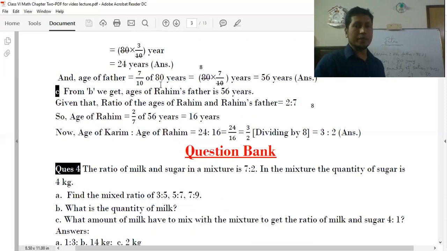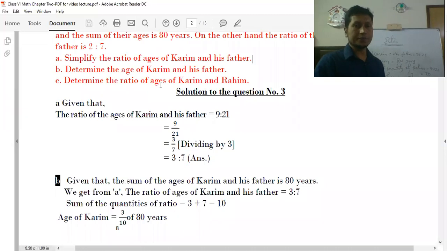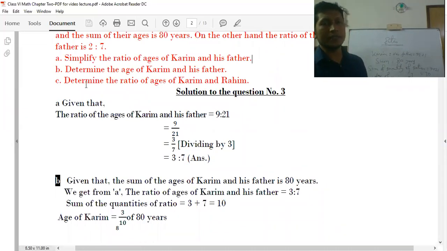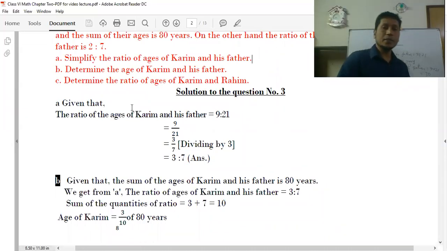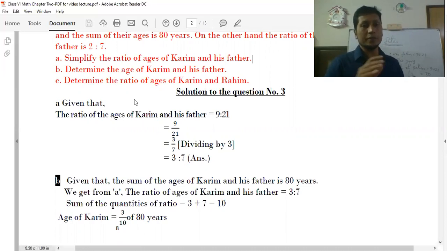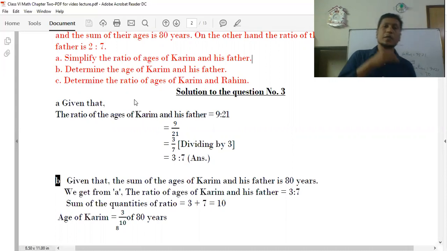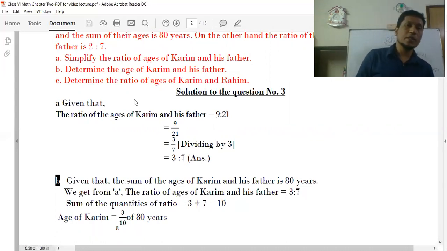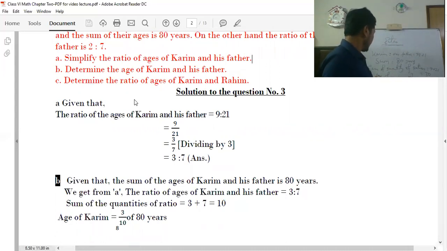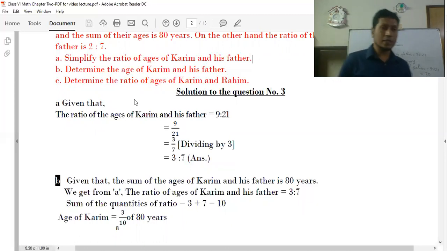Okay. Now part C, what does part C say? Part C says, determine the ratio of the ages of Karim and Rahim. That is, we have to know the age of Rahim now. We have already known the age of Karim. Karim's age is 24 years. Now we have to know the age of Rahim.